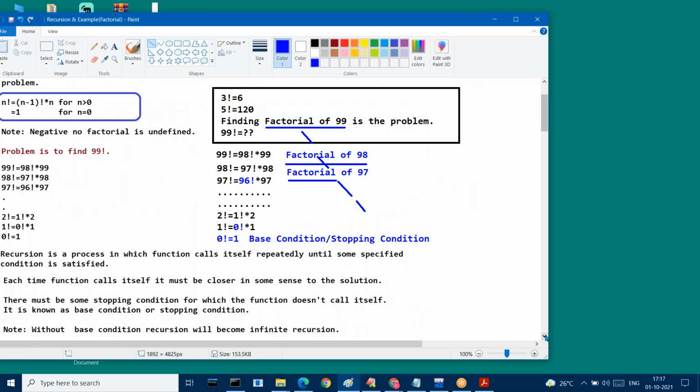Now, from a programmatic point of view, how will we implement this? What is the next line? Each time the function calls itself, check it out: 99 calls 98, 97, 96. Every time you are calling with a smaller instance, somehow you are approaching the solution. Suppose you say, sir, after this I will not do anything.